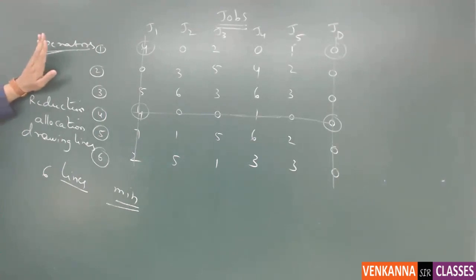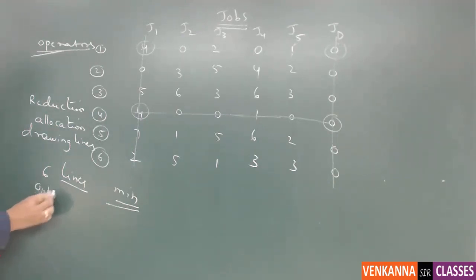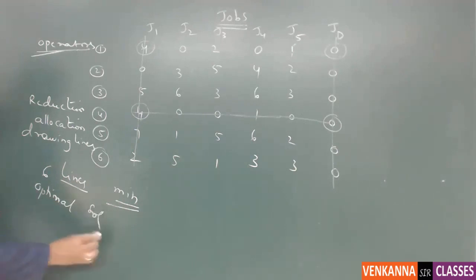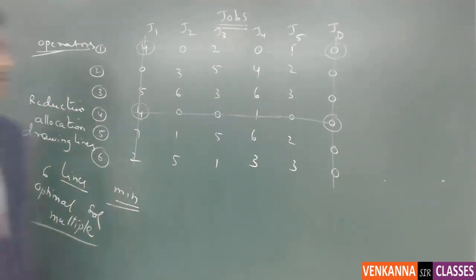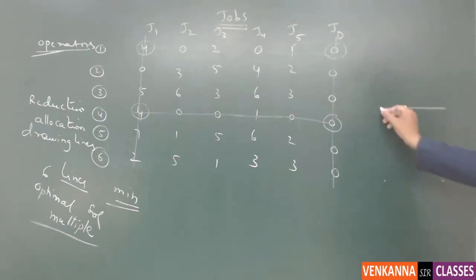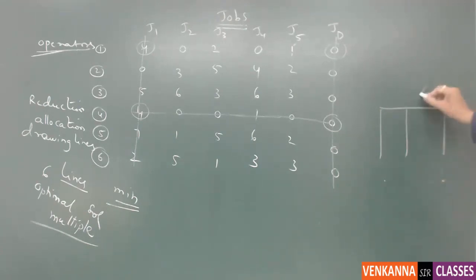Drawing lines is your choice. The typical thing in the assignment problem is drawing lines, because an assignment problem will have multiple optimal solutions. Usually a unique solution will happen, otherwise you always get multiple optimal solutions. So one person will have a line pattern like this, while another person may have a different pattern, but only 4 lines are required to cover all the zeros.